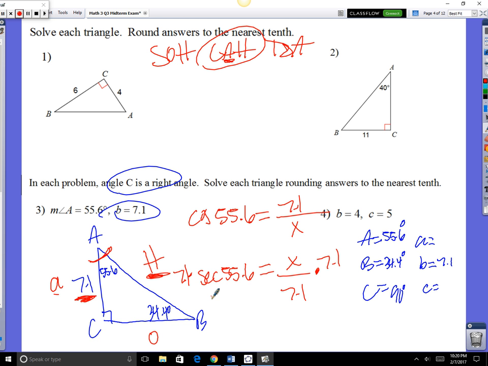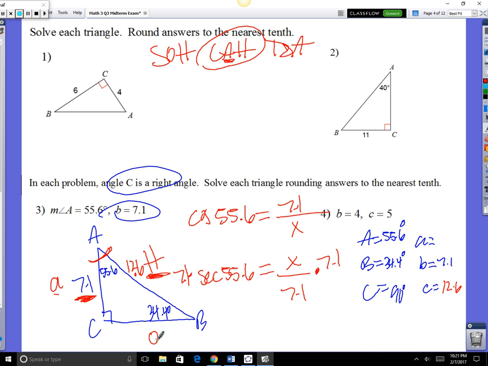So 7.1 times secant of 55.6 degrees. Okay, I get 12.6. So that means this is 12.6.